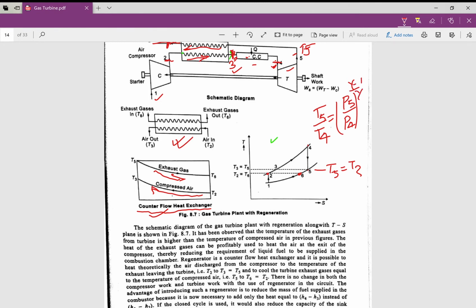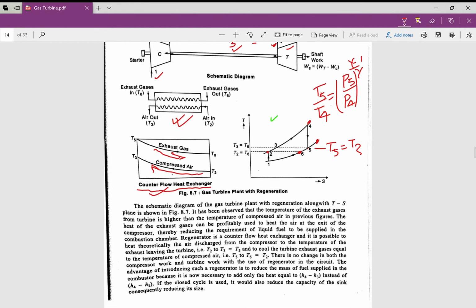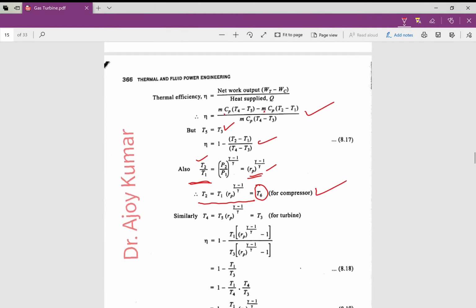And this P5, P4 occurring at this pressure and this pressure, that is your pressure ratio. So we can say T4 is equal to T5.